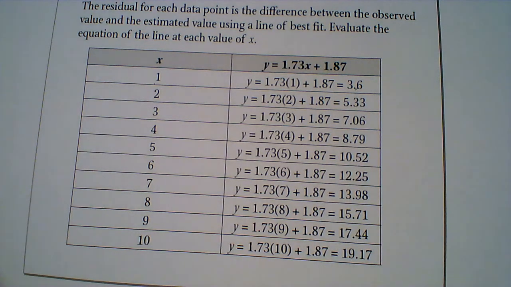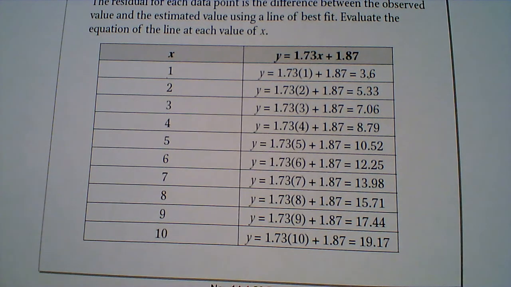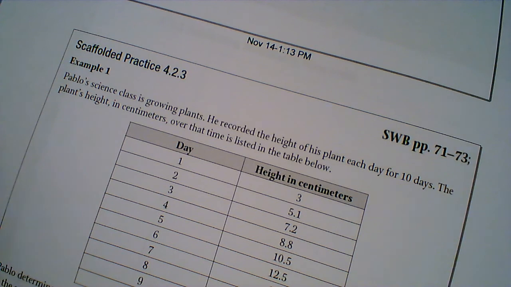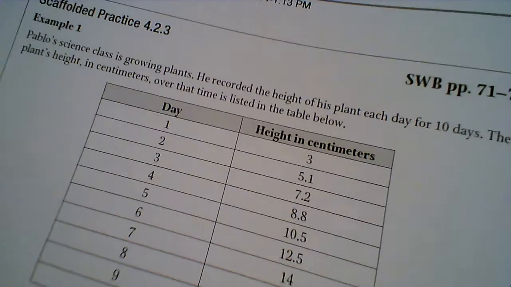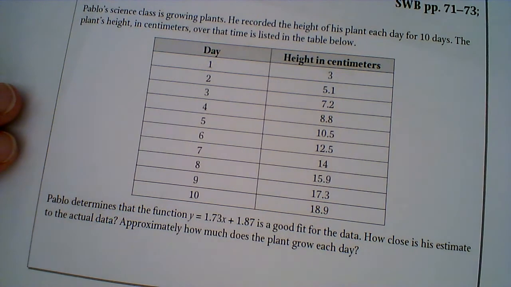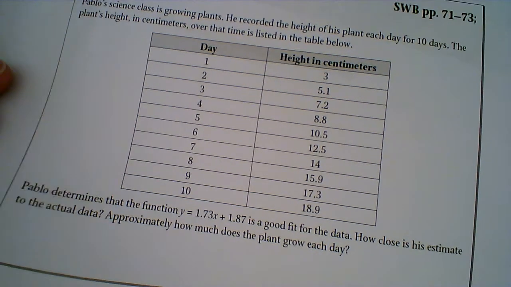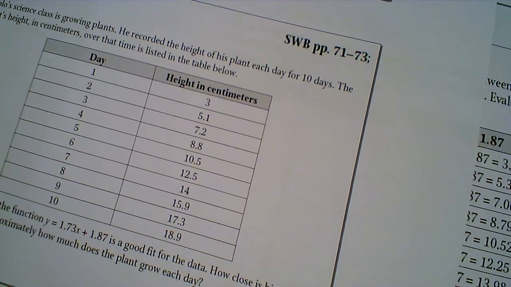Now, the next thing that we need to do is find our residual value. In order to find the residual value, we have to go back to our original table. So here's our original table of values. And we have to take the table of values that we just created. So let me slip this one right in here.